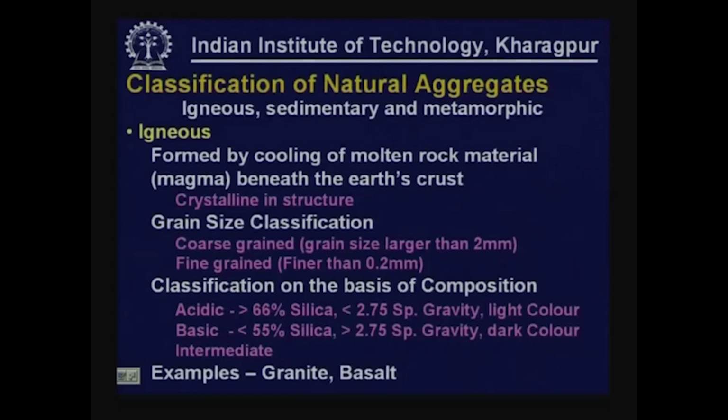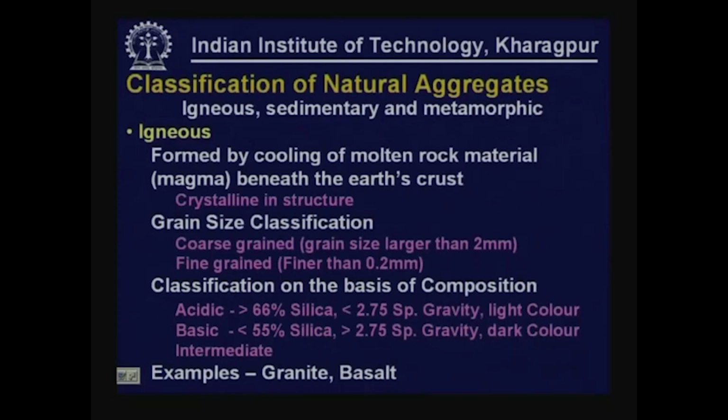Similarly, on the basis of the chemical composition of these minerals, the rocks can be classified as acidic, which typically have more than 66% silica, and in general the specific gravity will be less than 2.75 and they will be light in color. On the other hand, basic rocks will have typically less than 55% silica.